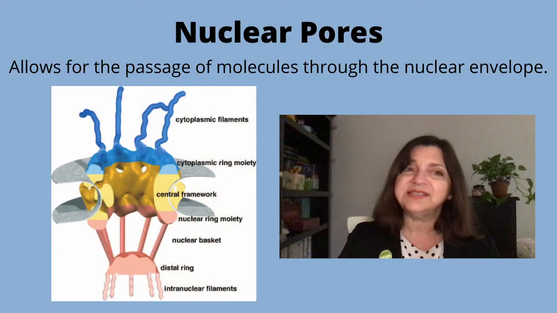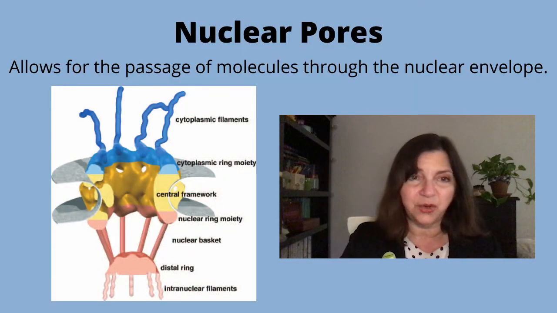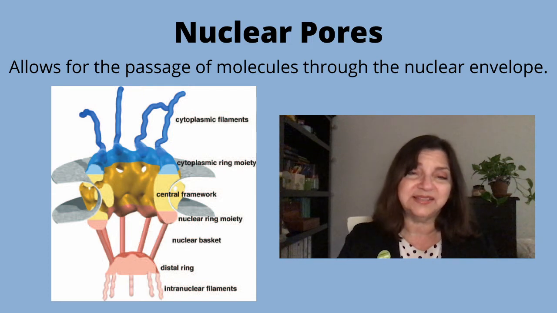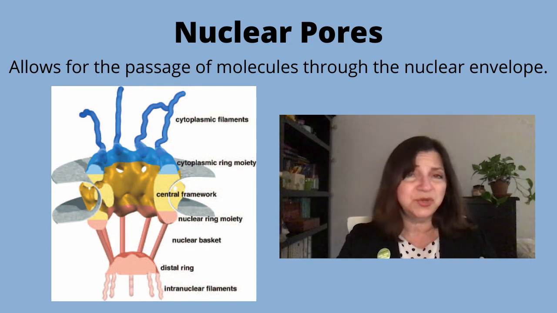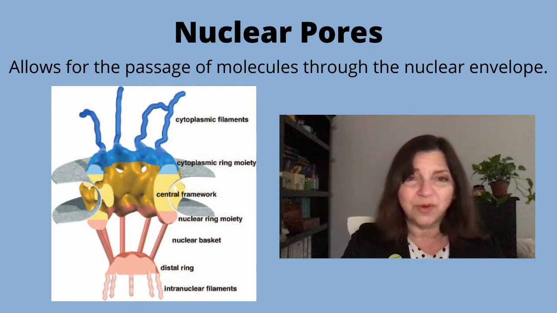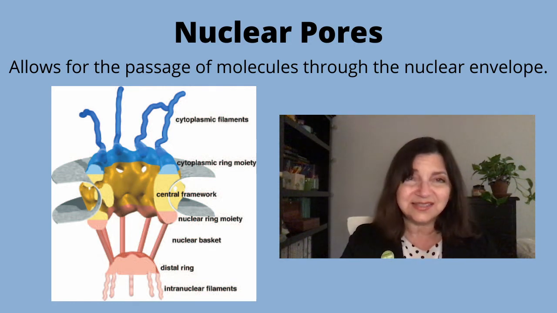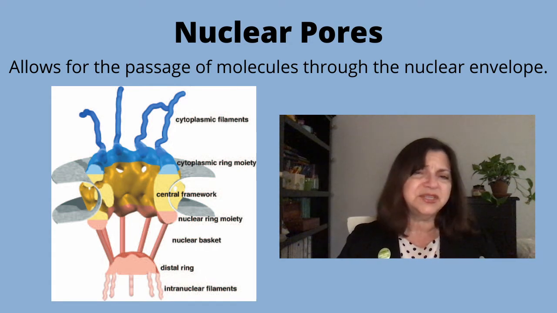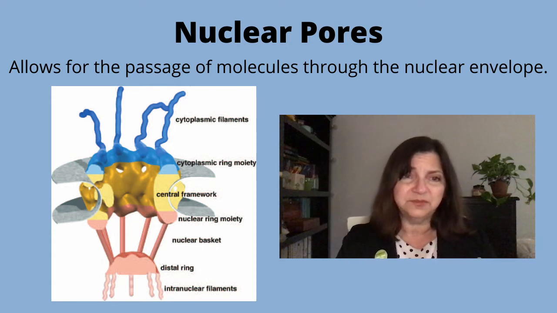Nuclear pores are actually kind of complex, but for this class, you need to know that they allow for the passage of molecules through the nuclear envelope. We have already seen how ribosome subunits exit to make proteins in the cytoplasm, but other materials can pass through as well.